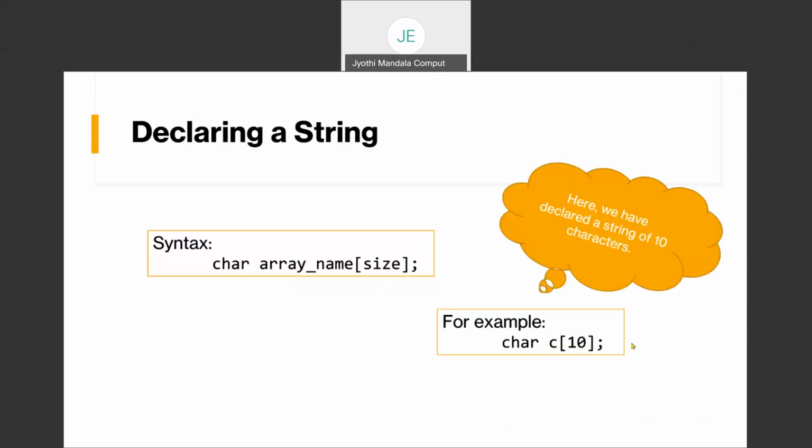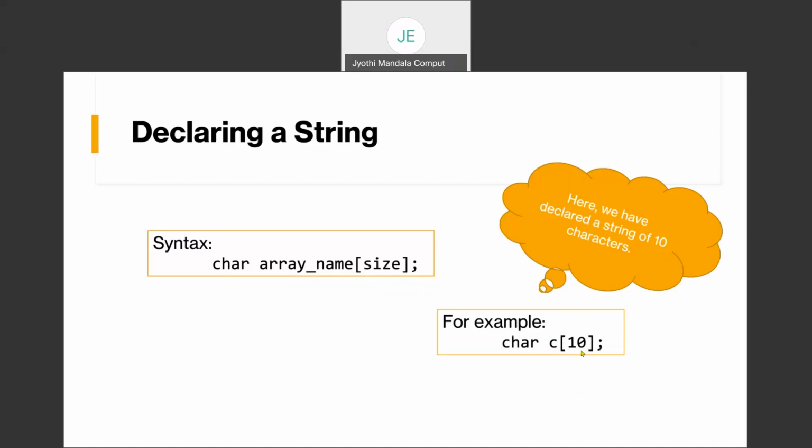One point here: we declare a string of 10 characters, but you should be capable of storing only 9 characters. Why? Because the last location will be stored with \0.